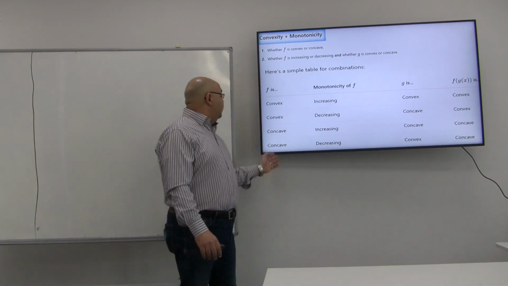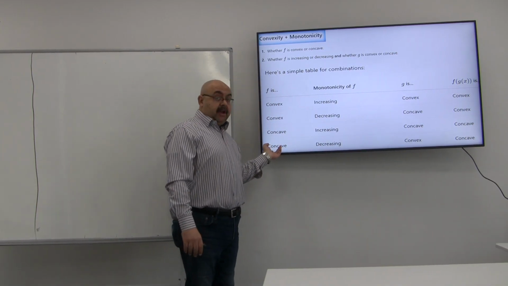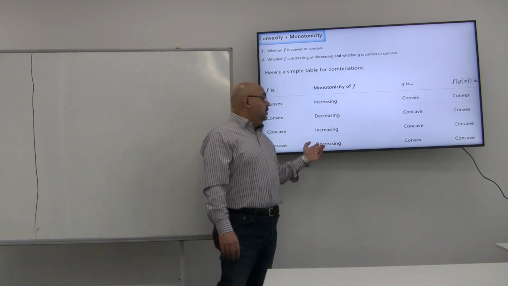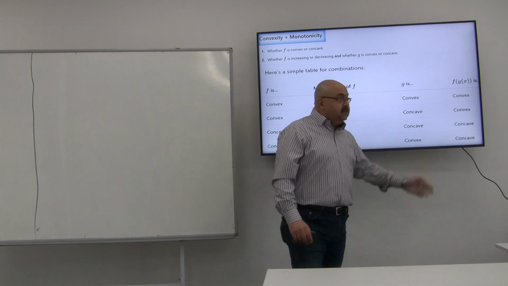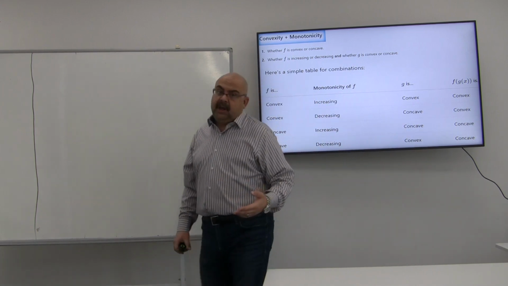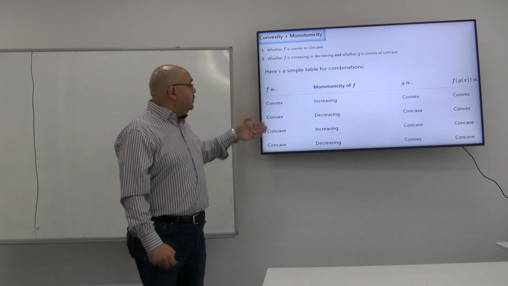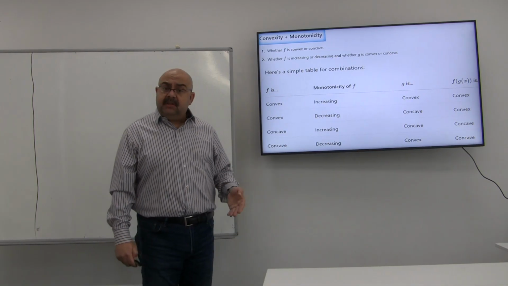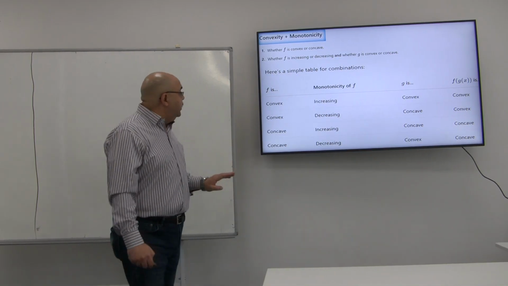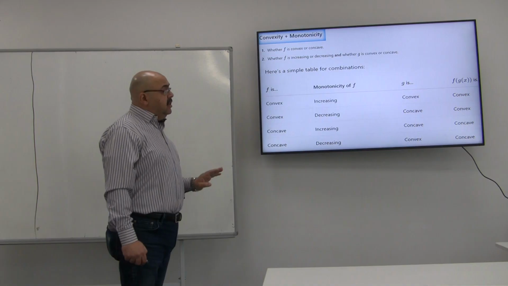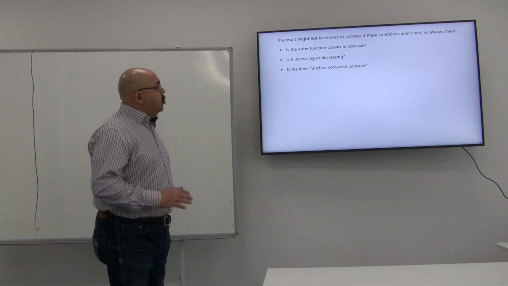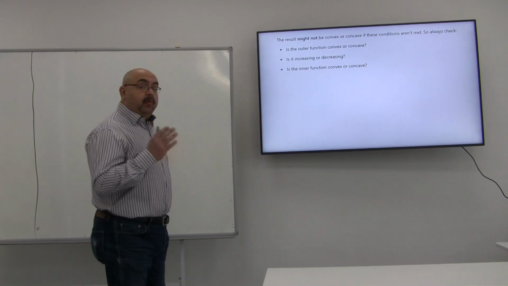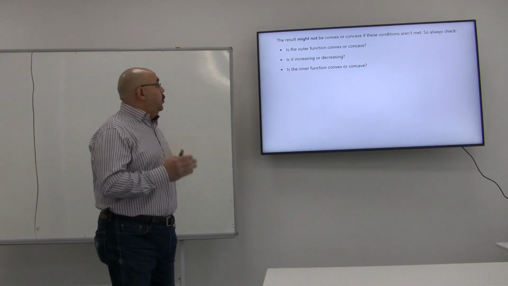But if the outer function is concave and decreasing, and the inner function is convex, the result will also be a concave function. So these are the various cases regarding concavity and monotonicity. The result might not be convex or concave if one of these conditions is broken.